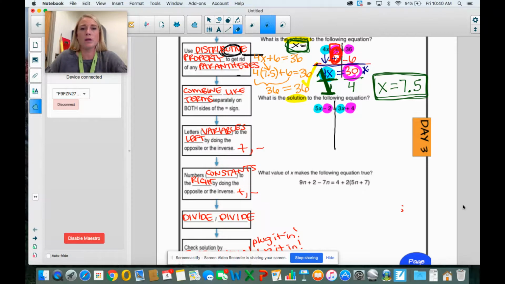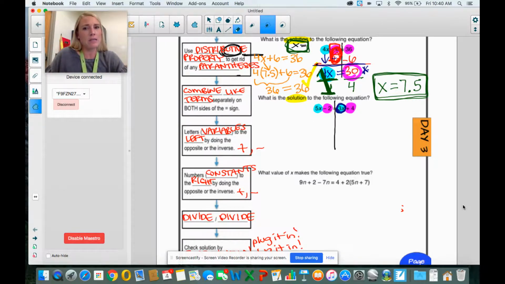Now, let's continue going through the process. We're going to go letters to the left. I have this 3x right here, and I want to move it to the left side of the equal sign. I have to do that by doing the opposite. What is the opposite of just a regular 3x?